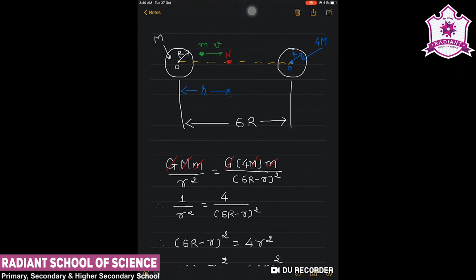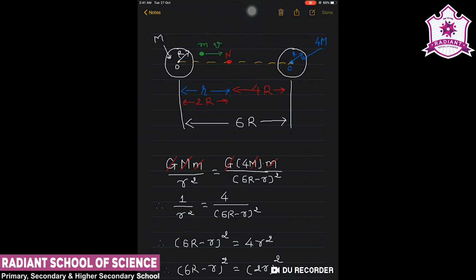And if this small r is 2R, then we can say that this other distance would be 4R, as the total distance is 6R.